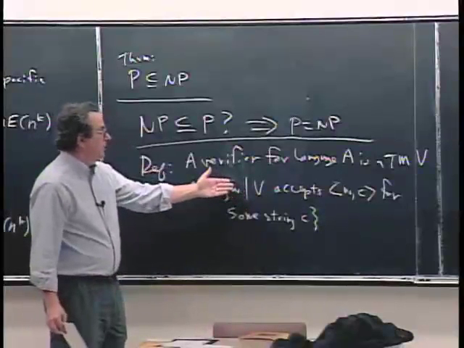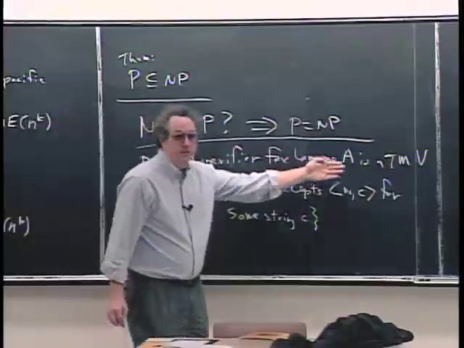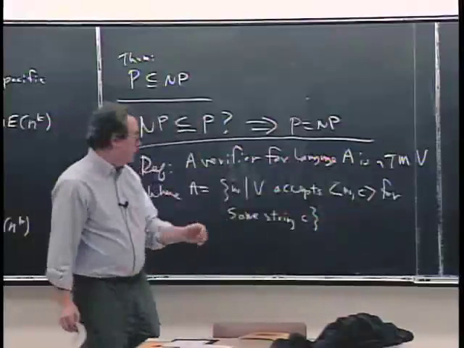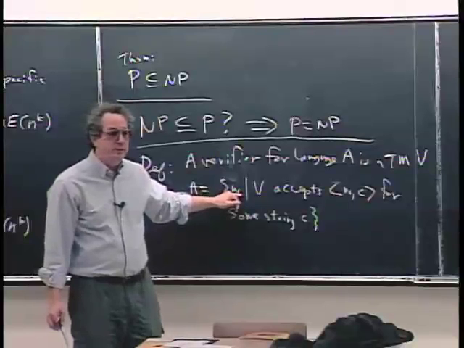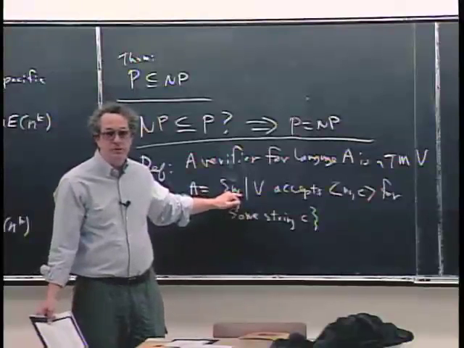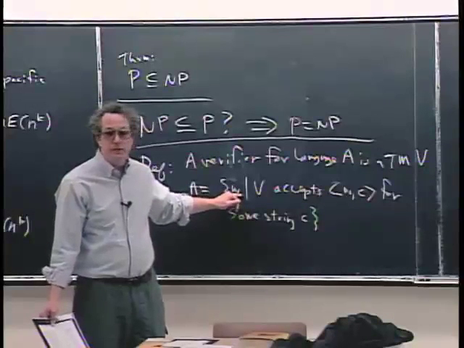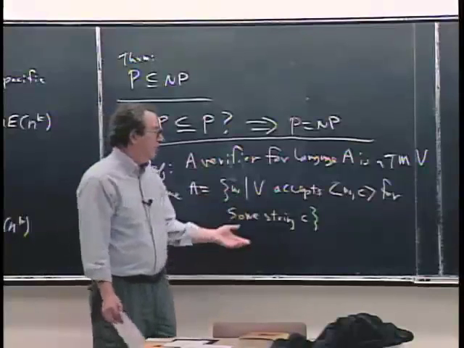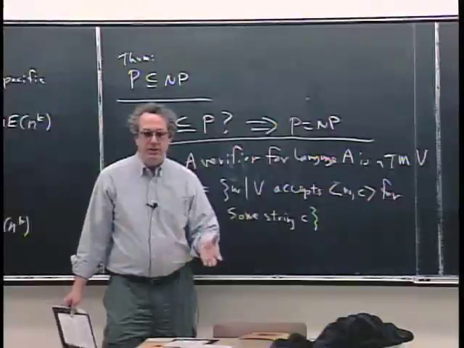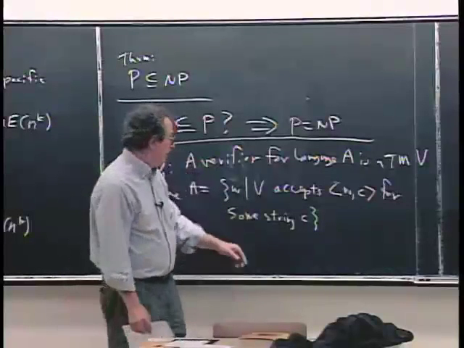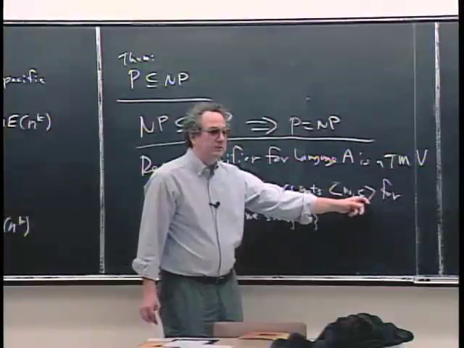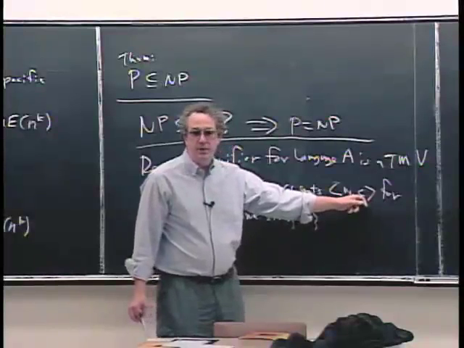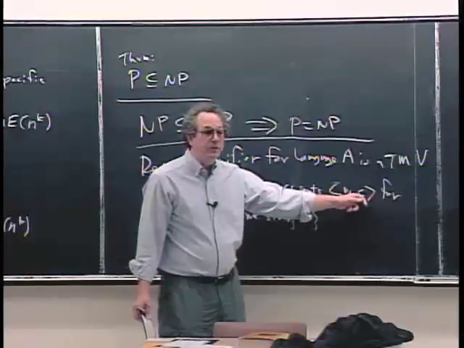Normally, when we want to decide a language, the inputs to that Turing machine are strings which may or may not be in that language. Then the Turing machine says accept, meaning it's in the language, or reject, meaning it's not. But a verifier gets an additional hint or help, this additional string C. We'll talk a little about where C comes from, but in the definition you don't need to know where it comes from.